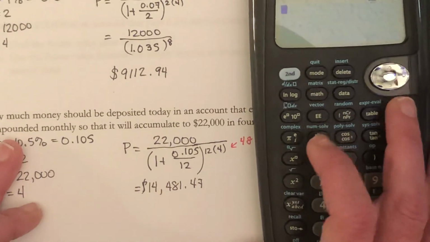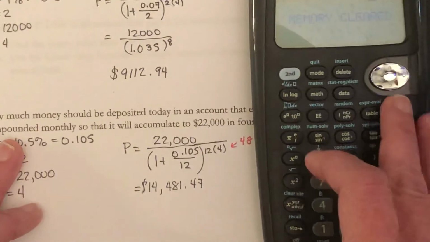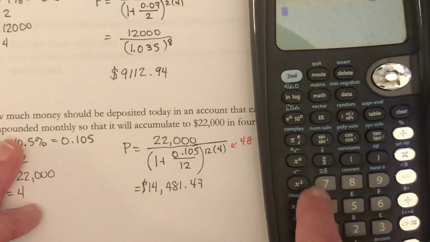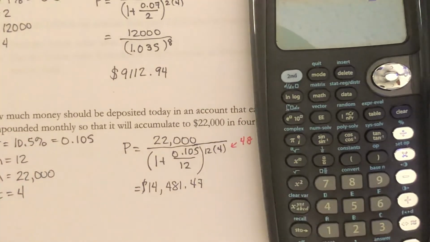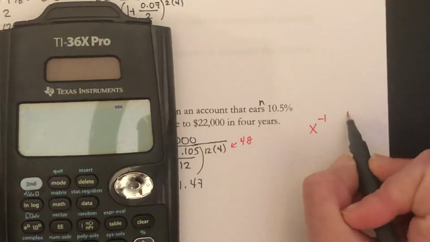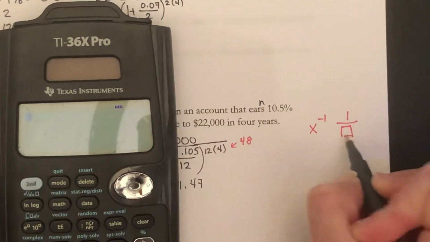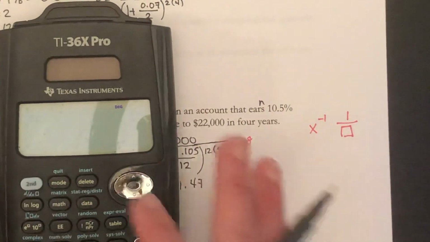Now another way, if you don't want to use your memory, our key is above this one, 1 over, there's a box, and your button may look like x to the minus 1. That's going to be the key button we're going to use. It allows us to divide out of order.